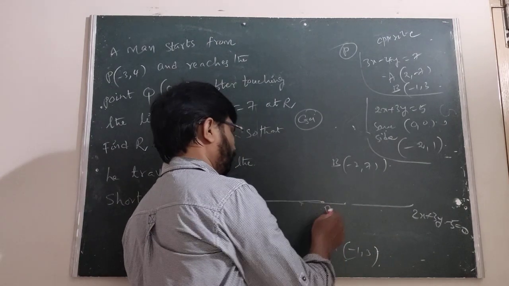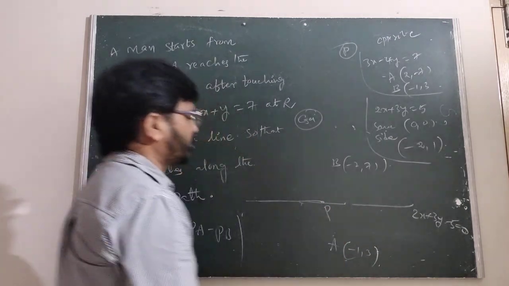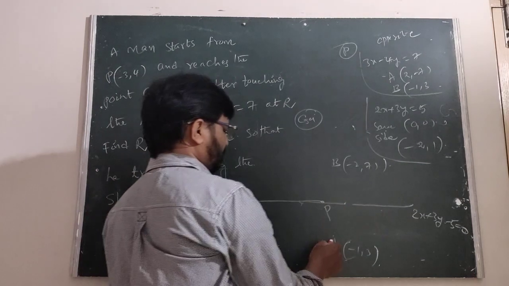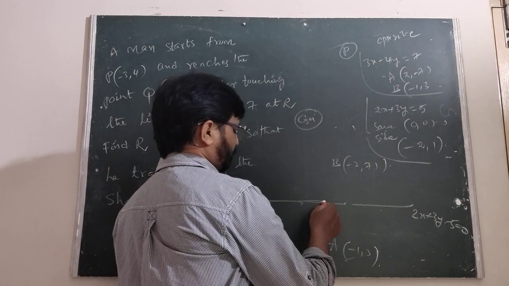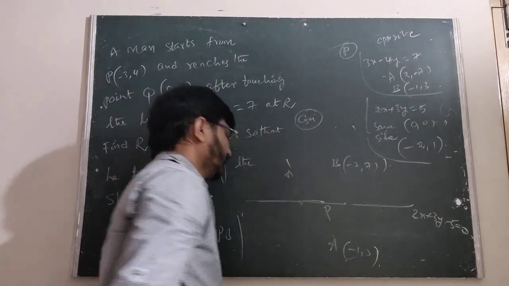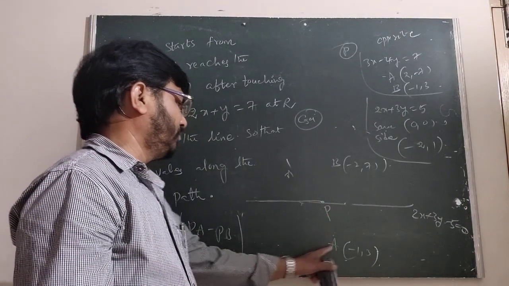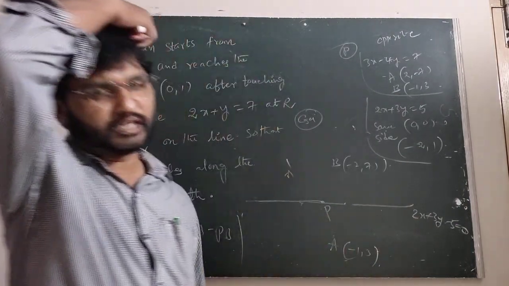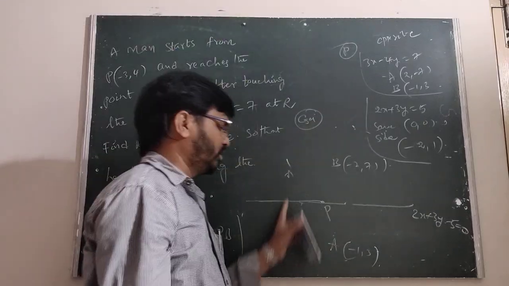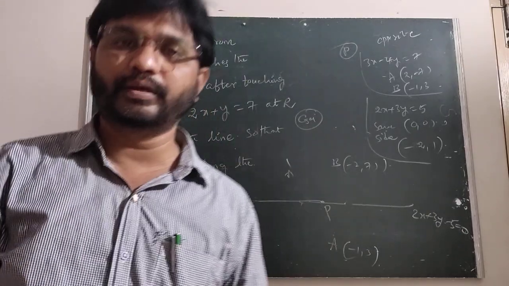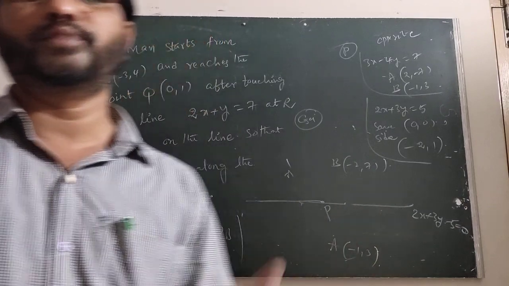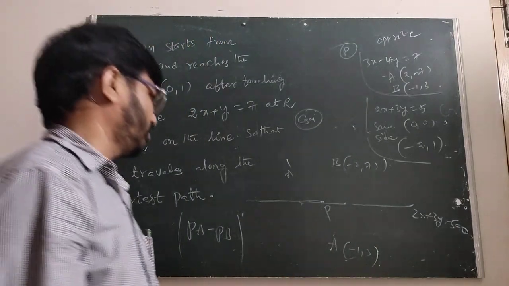The image of A with respect to the line is some A dash. We use the formula (h minus x1) by a equals (k minus y1) by b equals minus 2 into (ax1 plus by1 plus c) by (a square plus b square).